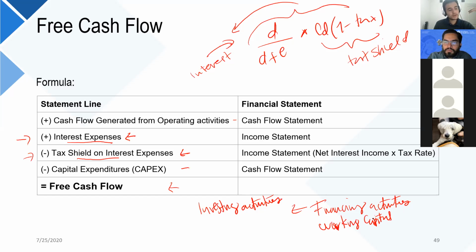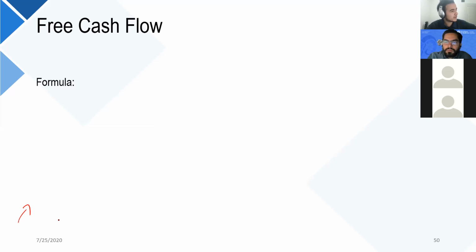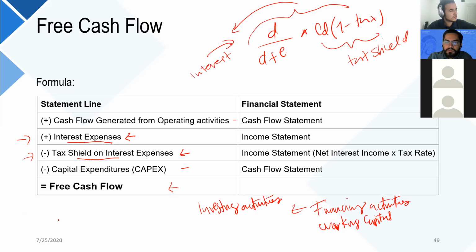So by deducting it inside your cash flow, you are supposed to do it in free cash flow. Actually, if you go to this formula here, you can see it here. Working capital is here. The reason why you do this is because you are expecting to have an increase on operations next month.